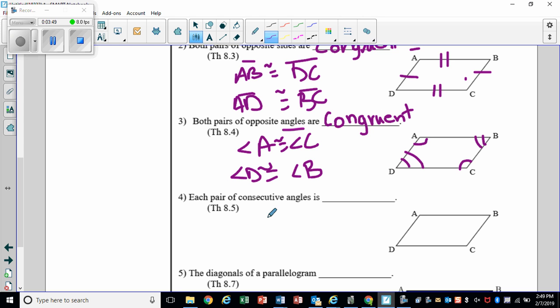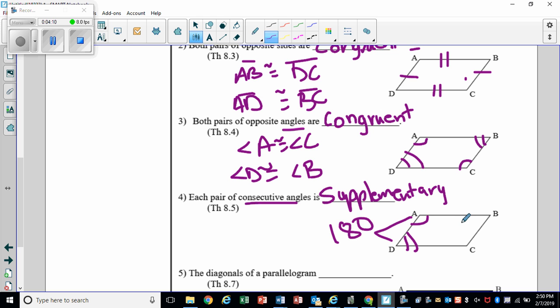Number 4, both pairs of consecutive angles are going to be supplementary. Okay, the consecutive angles are A with D, so this pair is 180, or A with B, that's 180, they're consecutive.